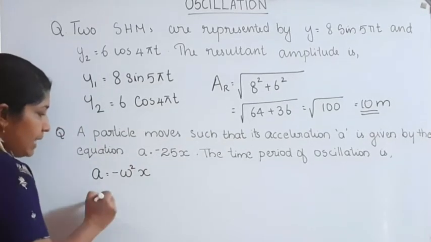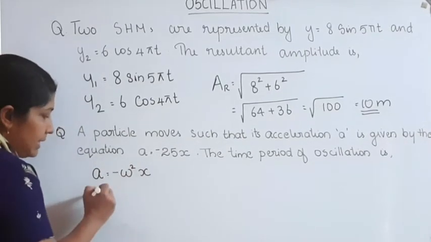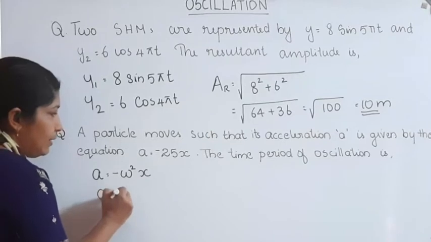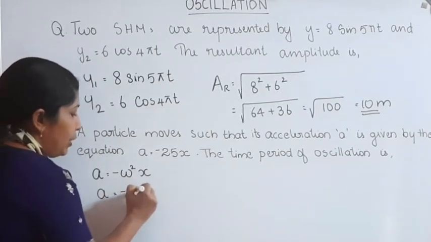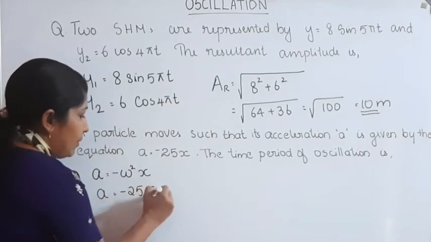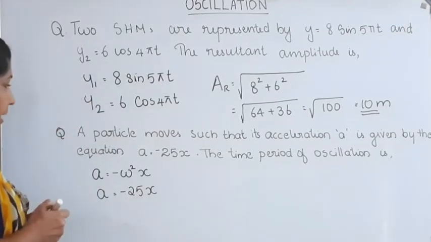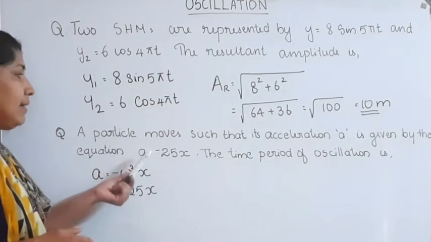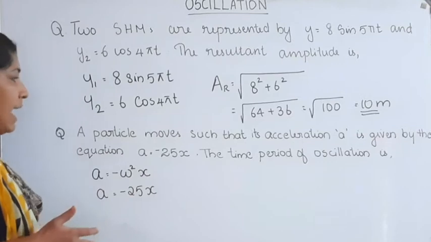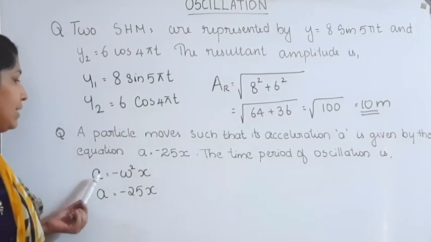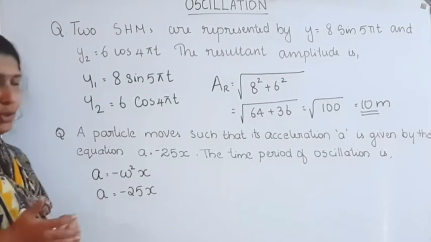The acceleration given in the question is A is equal to minus 25 into x. The actual equation for the acceleration is minus omega square into x.